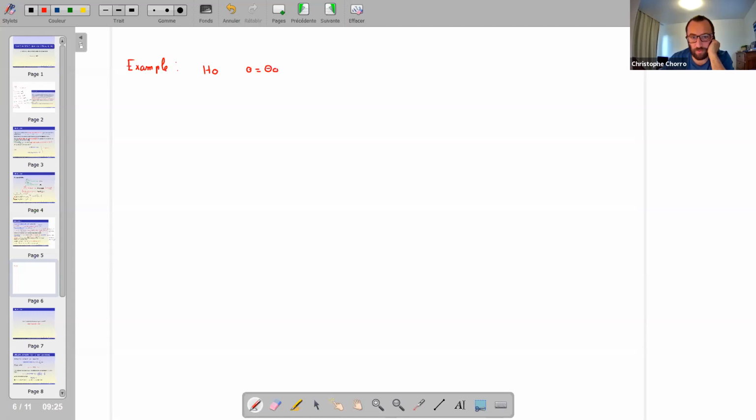So here I am in the situation where my capital theta 0, that is the set of parameters for the null hypothesis, is just reduced to a singleton, because I test if theta is equal to theta 0. So here you have a simple hypothesis. And I want to test it against theta equal to theta 1.